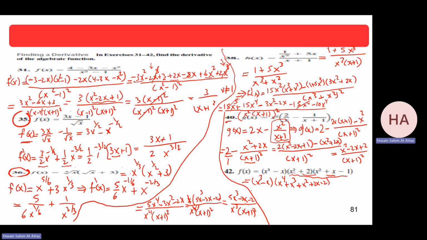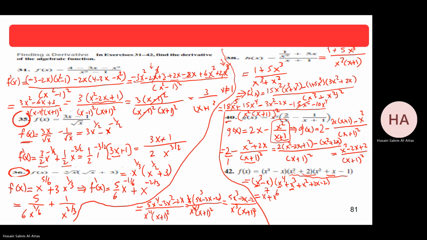I think let me do the product. Hopefully it will be easier. I have x cubed times x to the power 4. That's the only one which gives me x to the power 7. Now what will give me x to the power 6? That will be the highest, x to the power 6. This and this, plus x to the power 6.